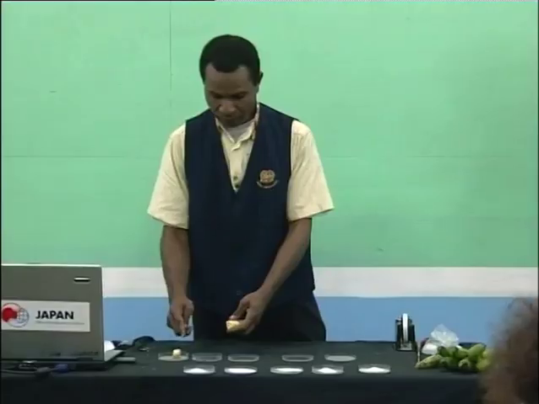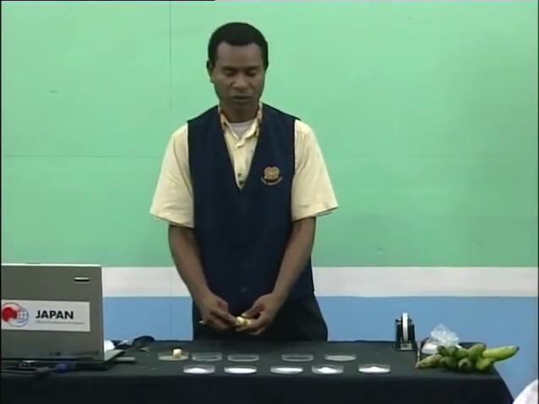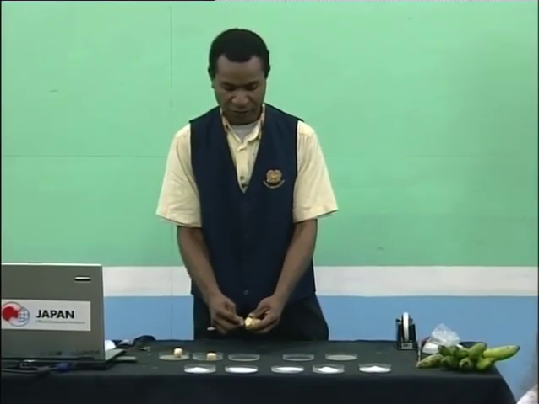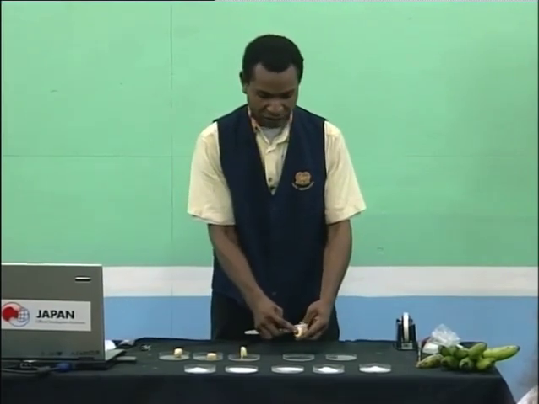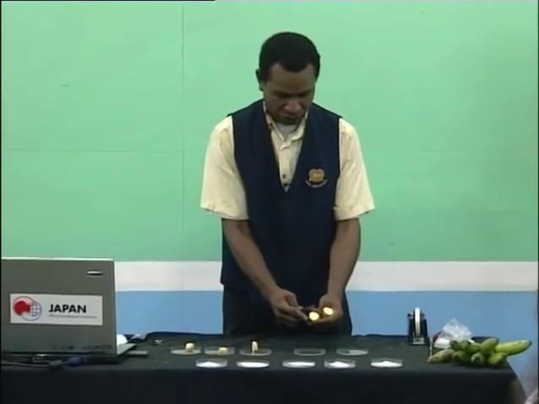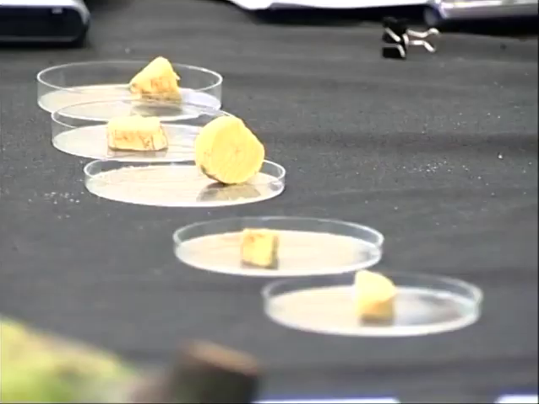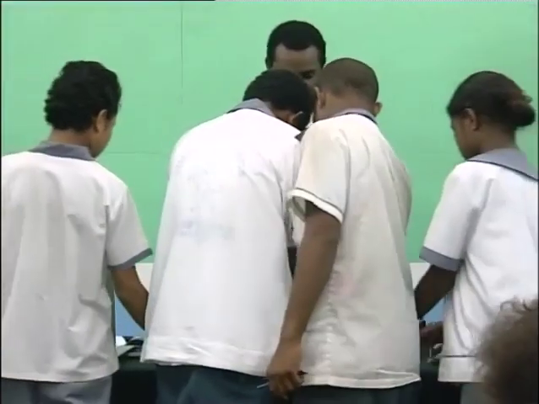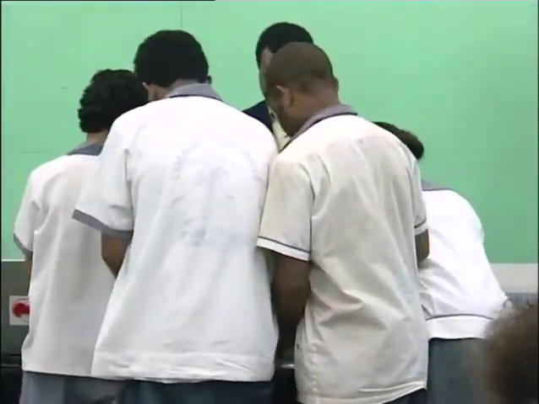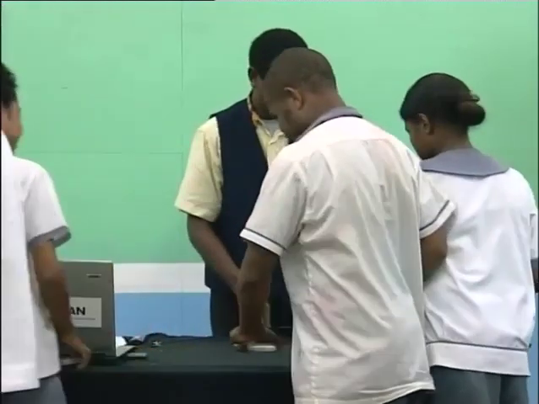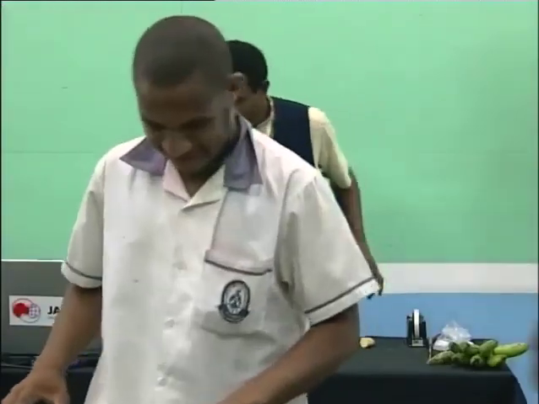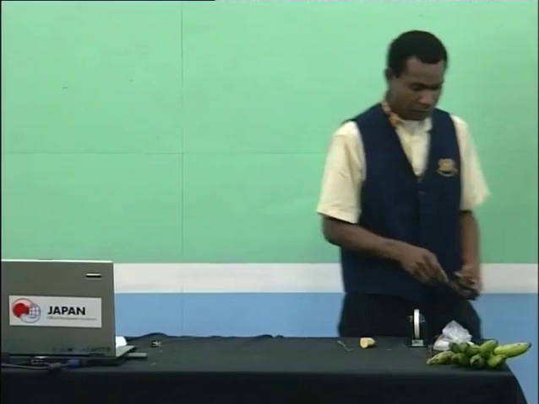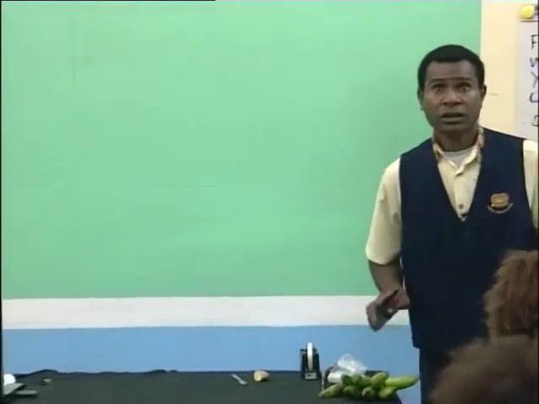So again, I would like the group leader or appointed person to come and get each of theirs. Okay. A salt, petri dish, and banana.